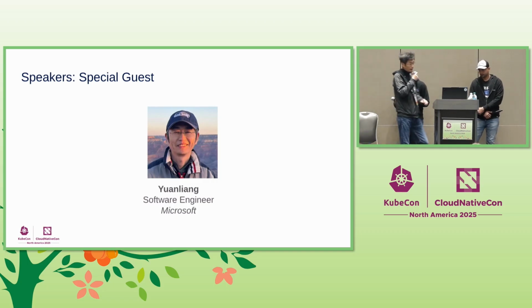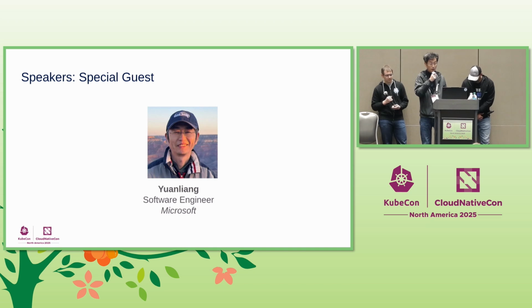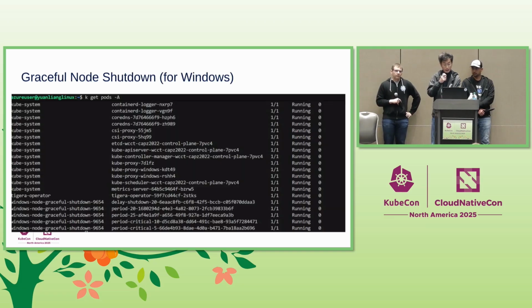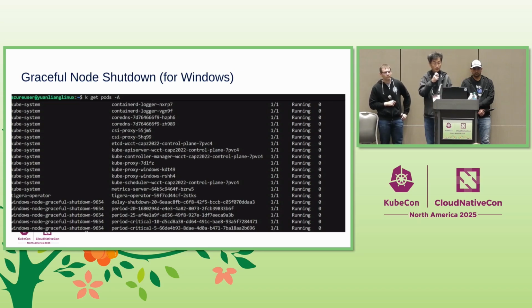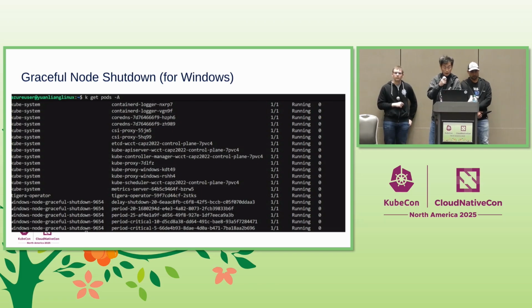Okay. For graceful shutdown, because of the live demo we would have to wait for the timeout interval to expire, so we pre-ran some tests and recorded the screenshots. In our test, in order to demonstrate the graceful shutdown, we create a few pods. Some of them with normal priority level, the others with system critical priority level.